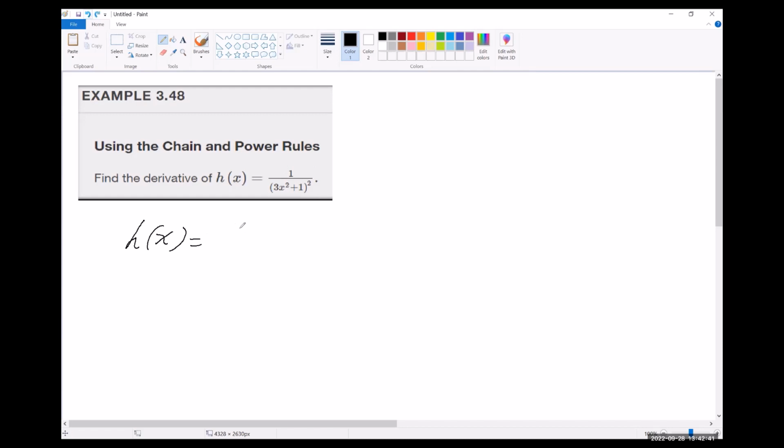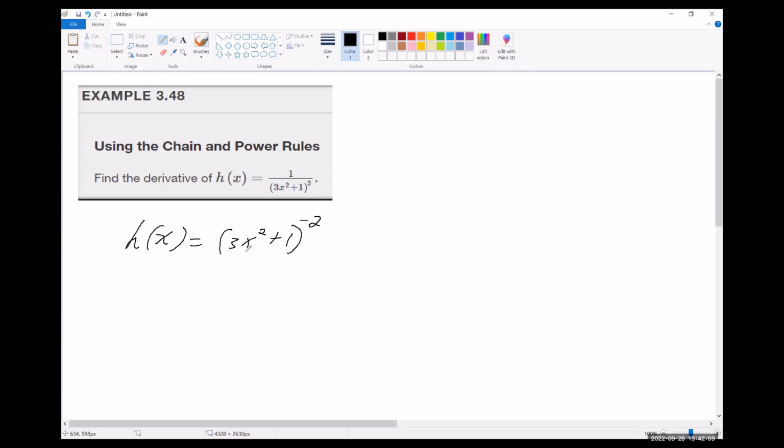Okay, perfect. So I'm going to rewrite this as (3x squared plus 1), and in order for this to be in the numerator, I'm going to put the exponent -2.